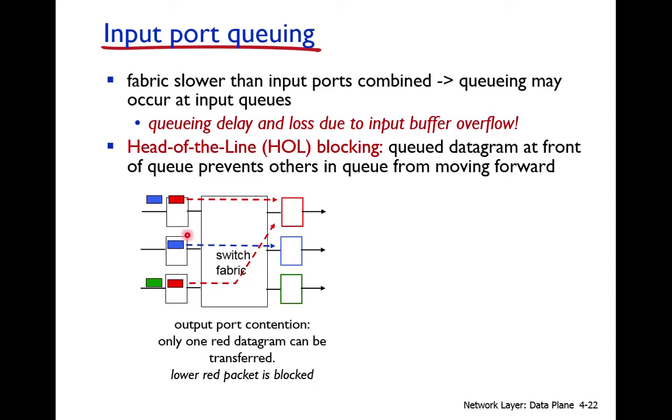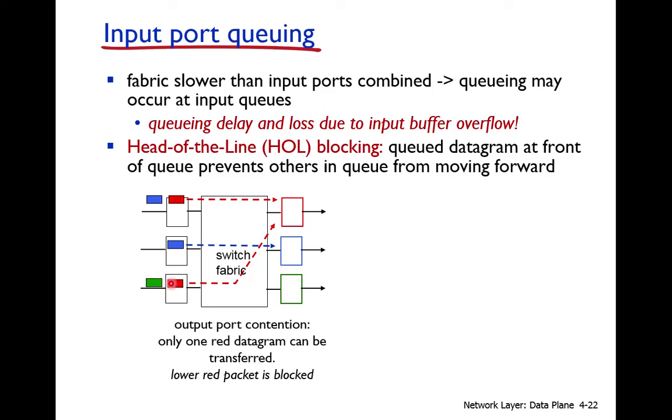Suppose this red one and this blue one are going to different ports, so they can be transmitted at the same time. But this red one and this red one have the same output port, so only one of them can be transmitted at a time. Suppose this one red is going to be transmitted, then this red one will have to wait.